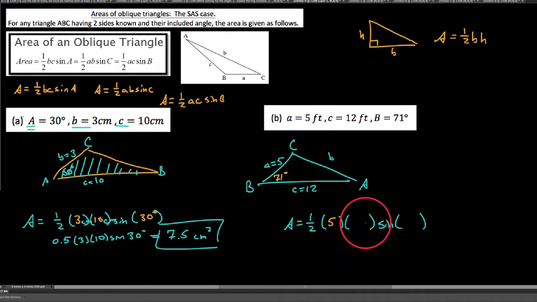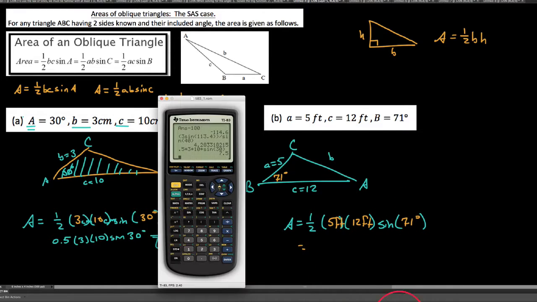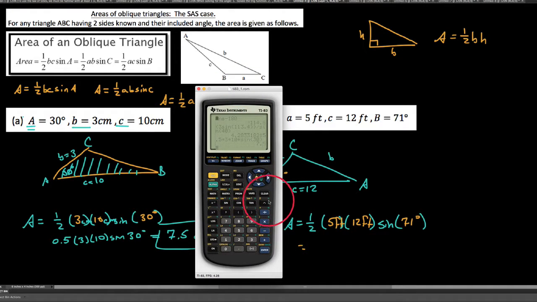So we have 5 feet, here we have 12 feet, and then we have a sine of 71 degrees. We'll get our calculator to do this. For our half, we'll put in 0.5. 0.5 times 5 times 12 times the sine of this 71 degree angle between them.